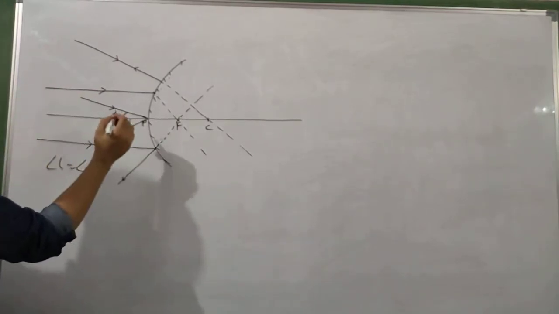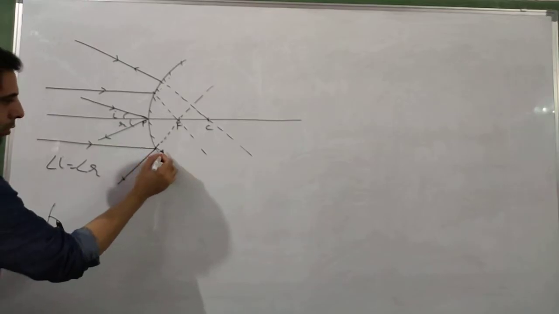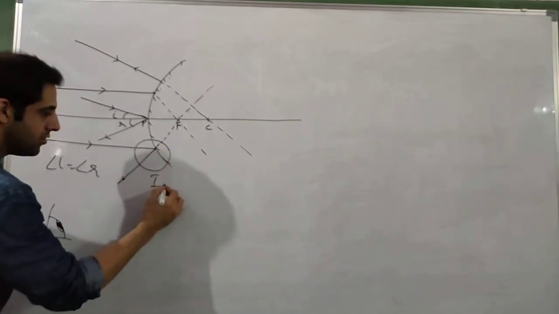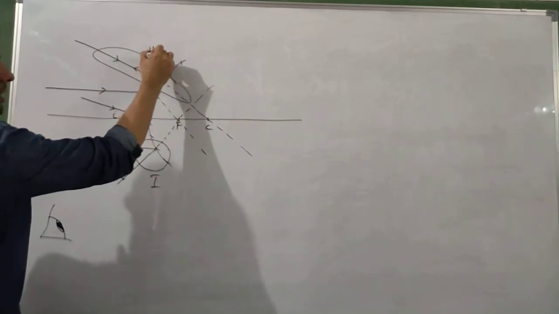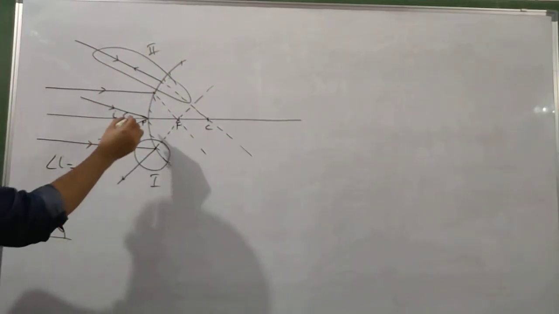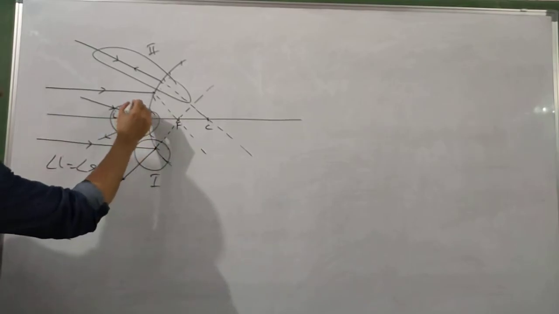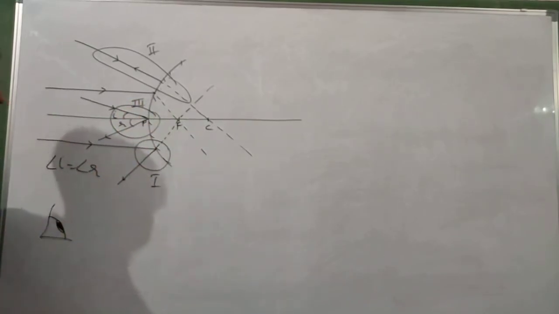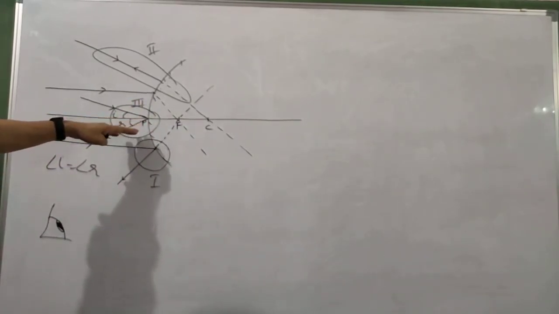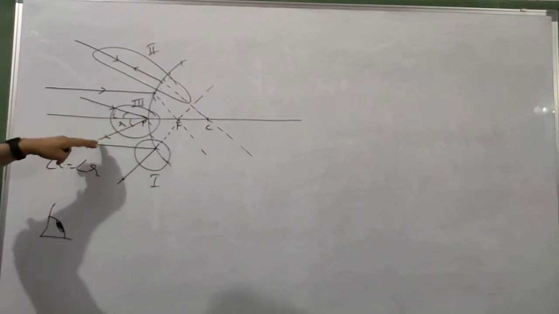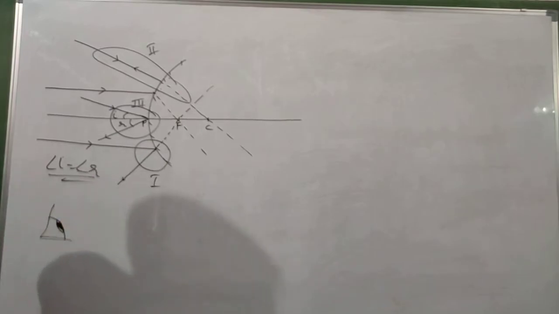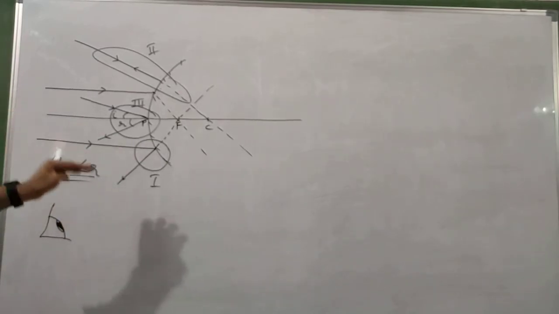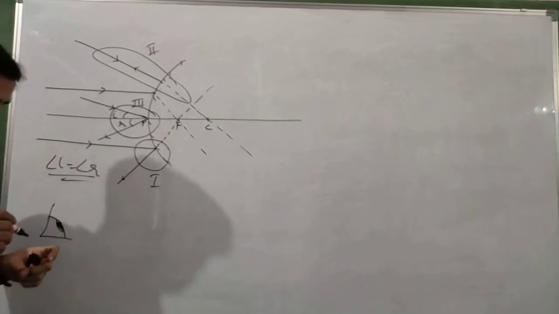So I'll just write, this particular case is your first rule, this particular case is your second rule, and your third rule is this one: if the ray of light is striking at the pole of the mirror, it will be reflected back, making an equal angle at the pole. So we are going to use these three laws in forming ray diagrams of the convex mirror.